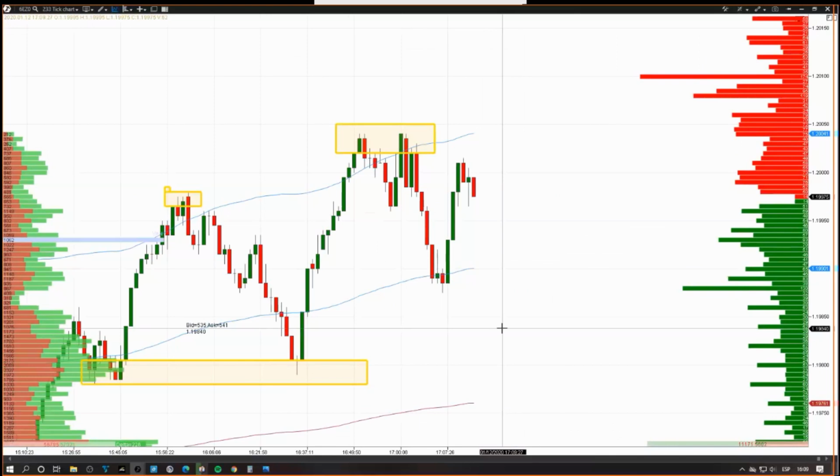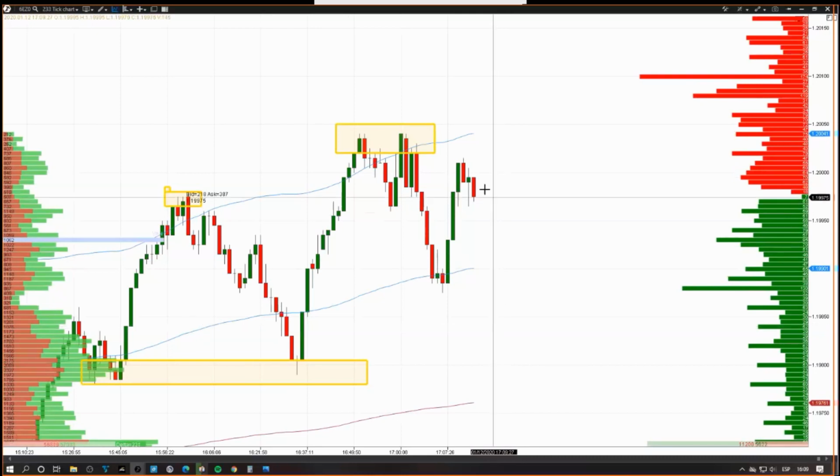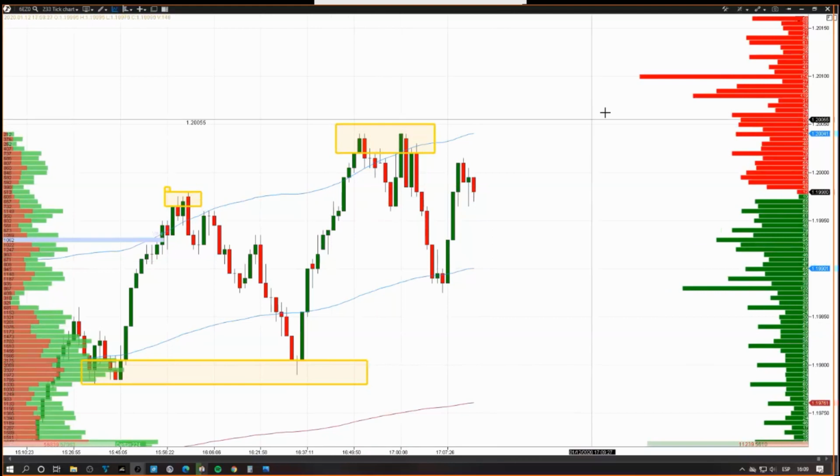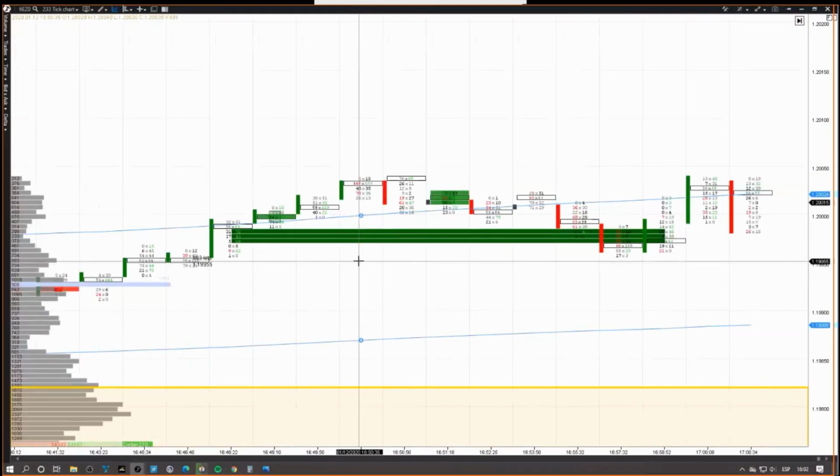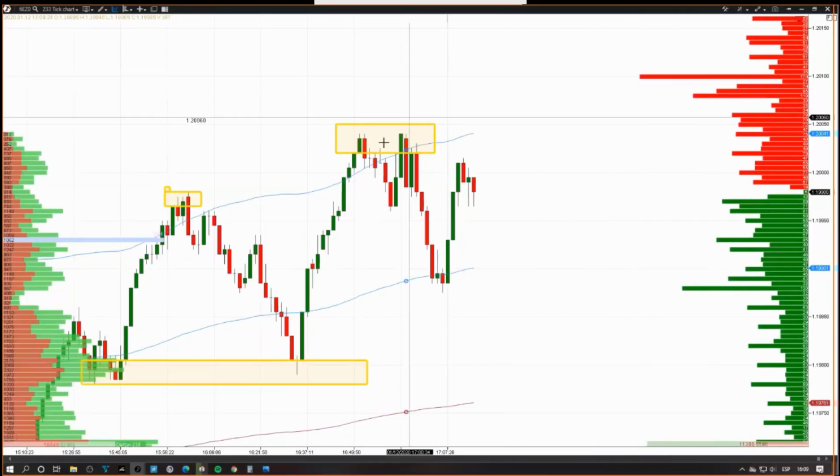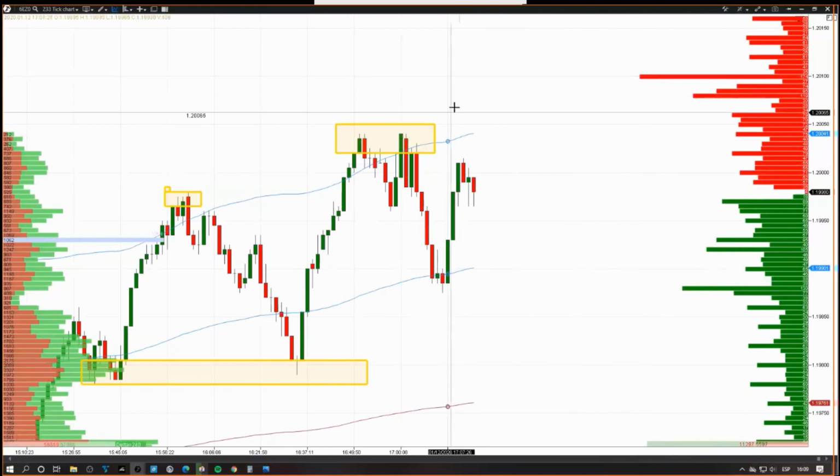Even if you have a technique that is already working, you can use this as confirmation for that technique. If you are looking, I don't know, at a given price and you see that there's a lot of liquidity, that will confirm your idea. Or you see that there is a lot of volume in that area, that will confirm your idea as well.